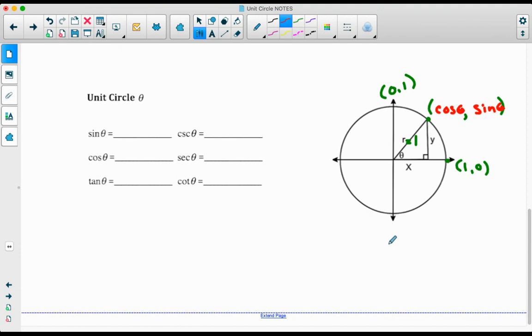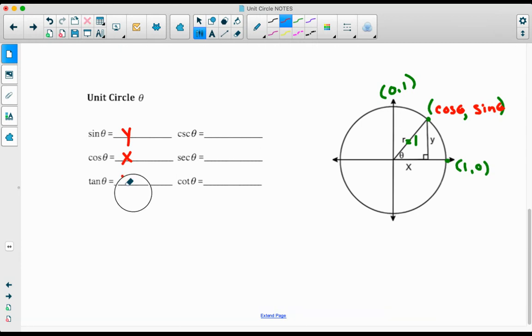So that's relevant over here. When we look at the sine of theta and you're on the unit circle, it will always, always, always equal whatever your y coordinate is. For cosine, it will always equal whatever your x coordinate is. Well, what will tangent equal? Tangent is equal to still y over x, always opposite over adjacent, or sine over cosine.